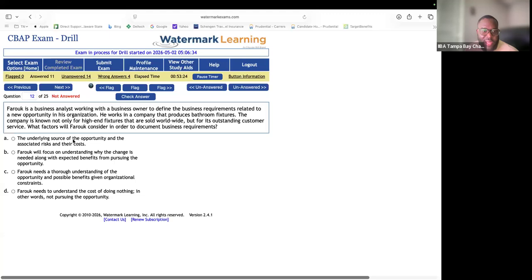A. The underlying source of the opportunity and the associated risk and their cost. Farouk will focus on understanding why the change is needed along with the expected benefit from pursuing the opportunity. Farouk needs a thorough understanding of the opportunity and possible benefit given organizational constraints. Farouk needs to understand the cost of doing nothing, in other words, not pursuing the opportunity. Let us take a moment to think this through.